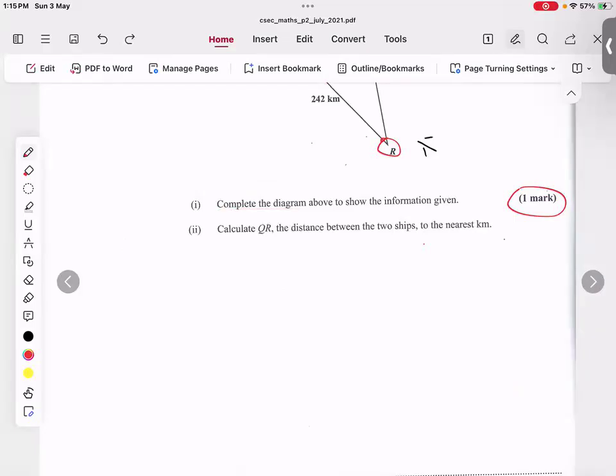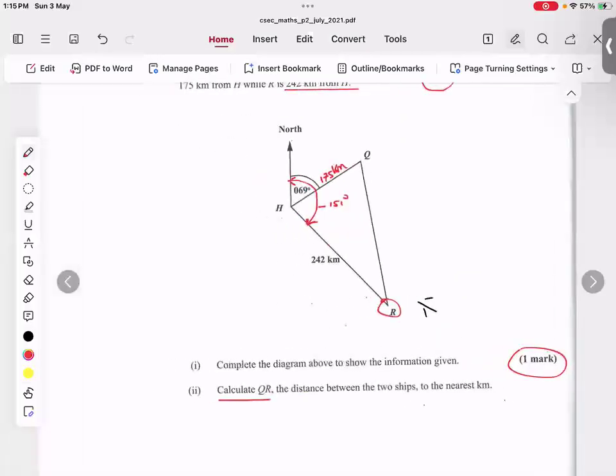Now, the next question says, calculate QR. So they want to know the distance from here to here. All right? So now, earlier Javari made a mistake when we were dealing with a right angle triangle, and he mentioned something that was supposed to be used in a different type of triangle. Ah, there it is, Antonia.